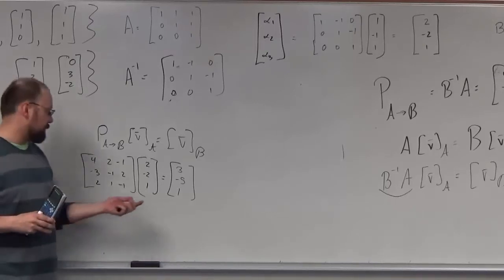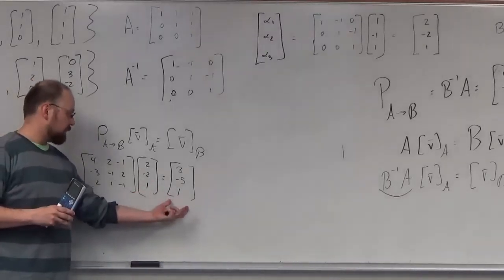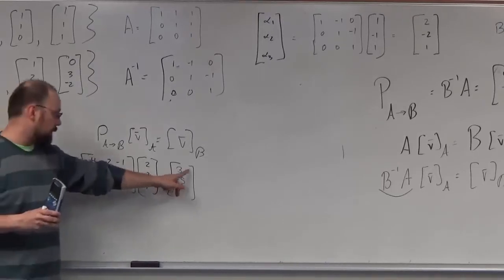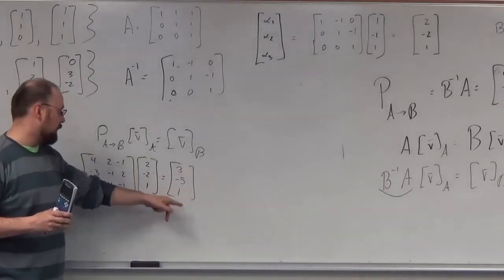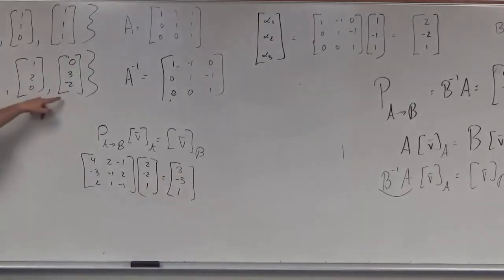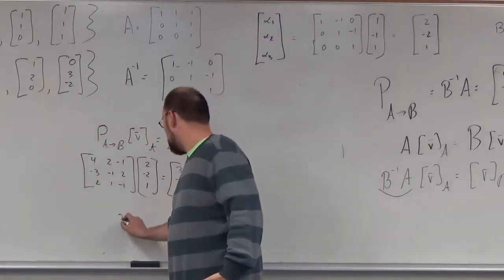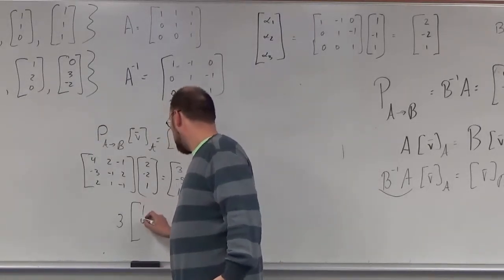How do I check whether this, in fact, is the coordinate vector for vector v with respect to basis B? Well, this coordinate vector apparently consists of the scalars multiplying the basis elements. That should give you v. So let's check. 3 times 1, 0, 1.